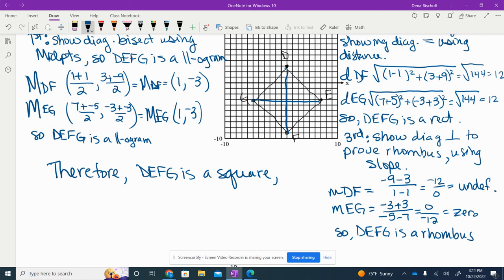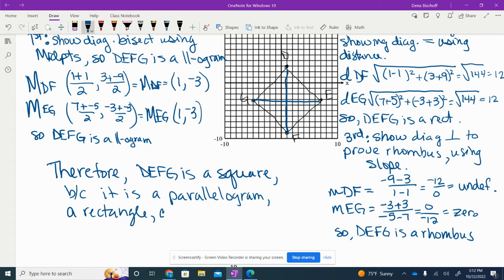Whoops, I didn't mean for that to happen, because it is a parallelogram, a rectangle, and a rhombus.